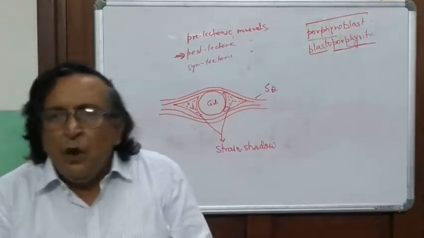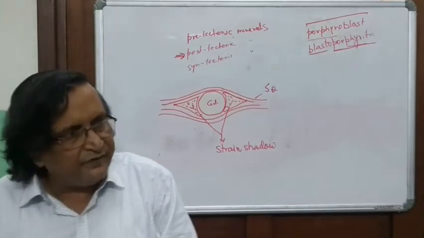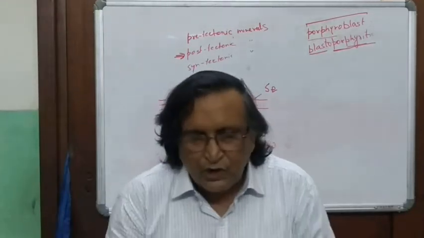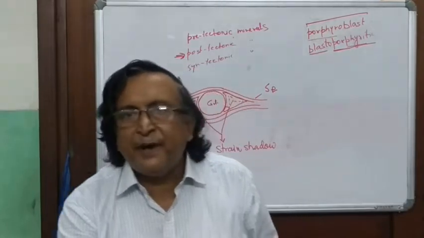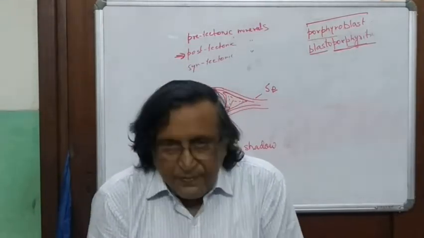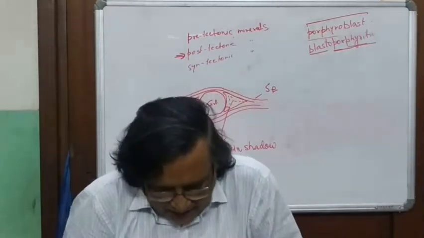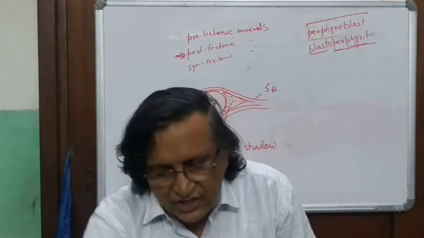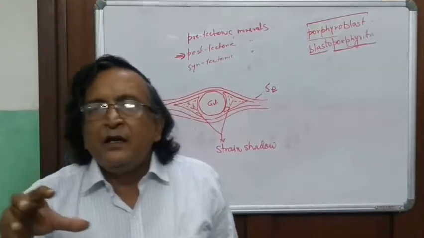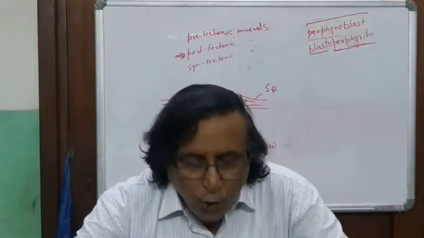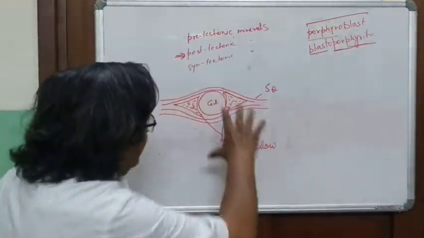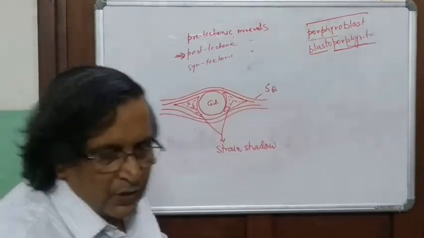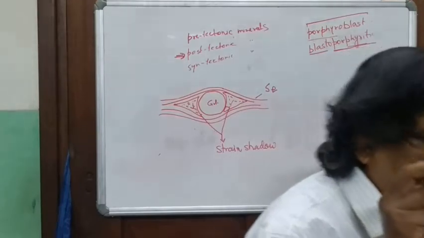I don't know whether you have seen, during rainy season, for example, if you have water flowing and you keep a brick, the brick occurs as an obstacle and the water flows by, and on that side you will generate a triangular area where the flows meet. So these are pressure shadow zones.